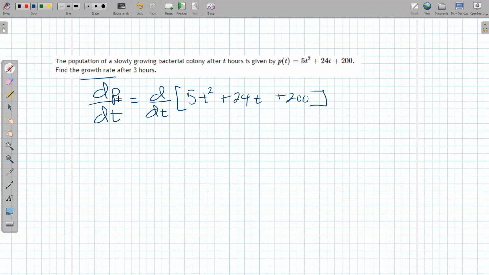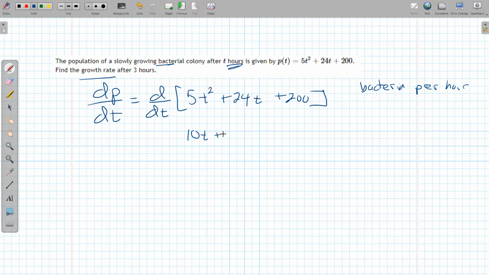And again, change in population, so this should just be bacteria per hour, because that's what we're calculating here. So the result of that, the units are bacteria per hour. So the power rule says bring the power down, 2 times 5 is 10, reduce that t to the second to a t to the first.